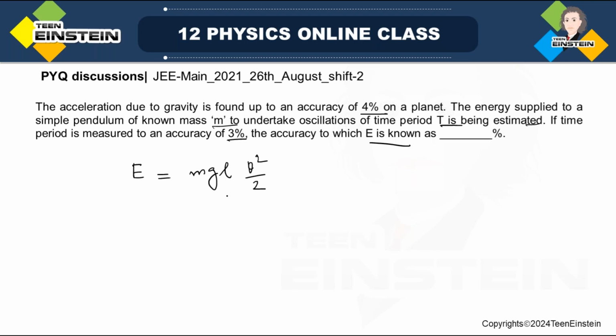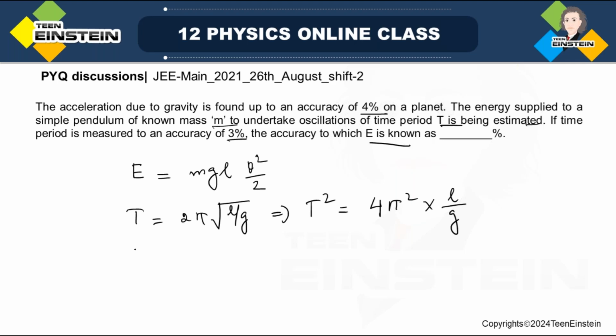And we know the time period is equal to 2 pi root over L by g. So from here we can write T square is equal to 4 pi square into L by g.